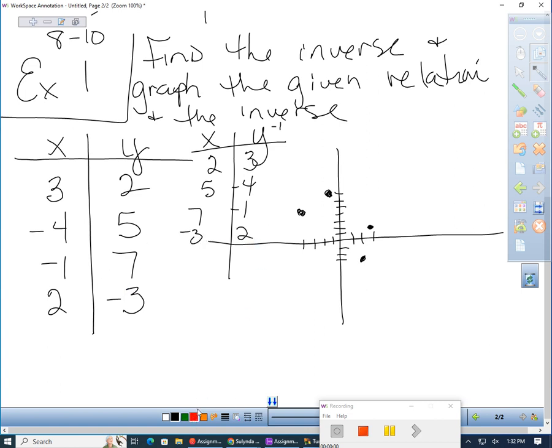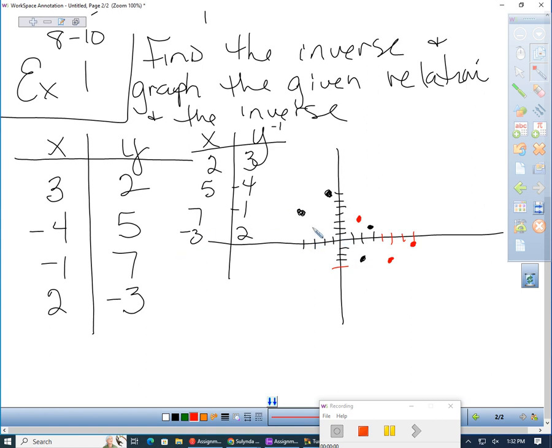Now let's plot these. So I have 2 and up 3. I have 5, down 4, so right here. I have 7, -1. And we have 2, -3. Or sorry, -3, 2.